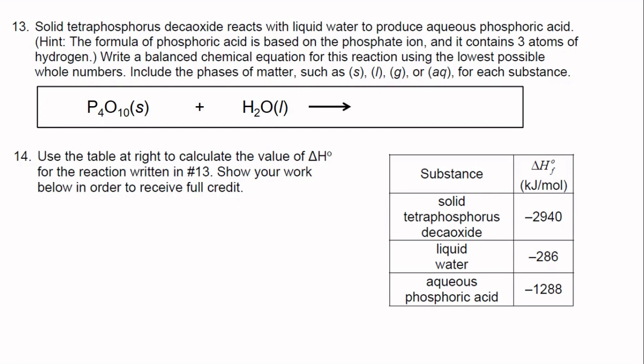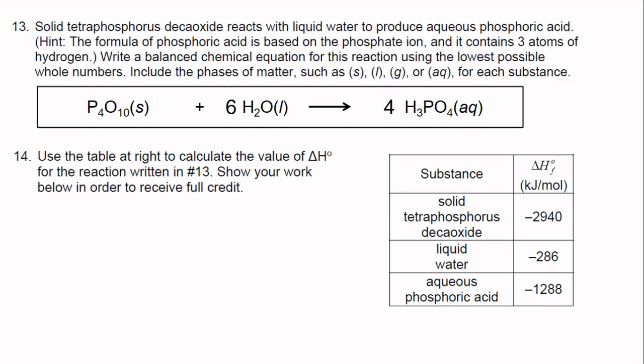So H3PO4 is the formula, and it's a solution of aqueous phosphoric acid. This equation is not balanced. We have 4 phosphorus atoms on the left. Let's put a 4 in front of the phosphoric acid. Now we have 12 hydrogens on the right. Let's put a 6 in front of the water. I now have 16 oxygens on each side, so it is balanced.